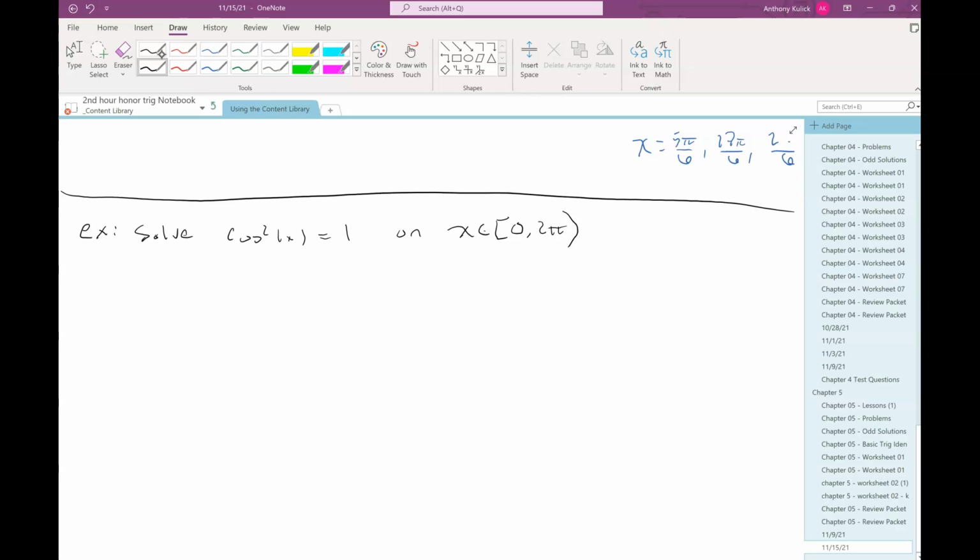So let's say we want to solve cosine squared x equals 1 on the interval from 0 to 2 pi. Notice that we have a bracket at 0 but a parenthesis at 2 pi. Again, what do the brackets and parentheses mean?